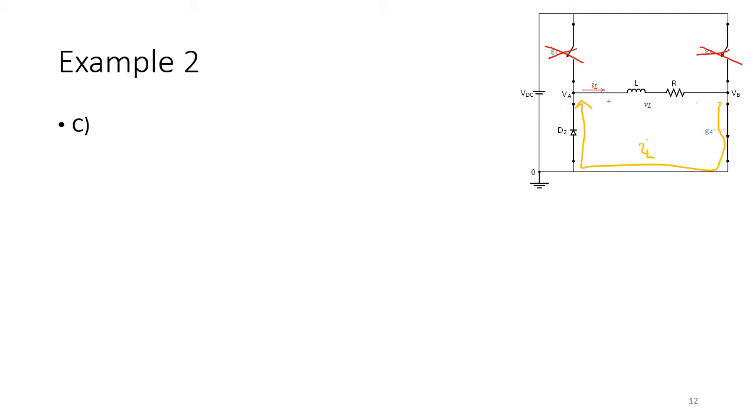Because G4 is on, what is the voltage across this switch when the switch is on? We talked about this last week. 0, yeah. What is the voltage across a diode when it's on?